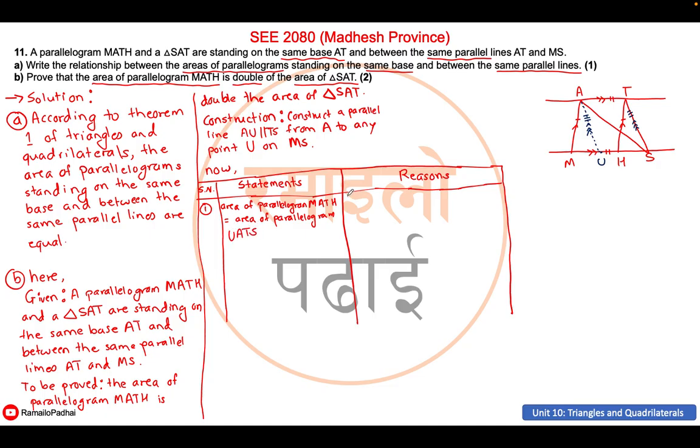Reason: the areas of parallelograms standing on the same base and between the same parallels are equal. This is theorem 1. Okay, so this is the first statement.